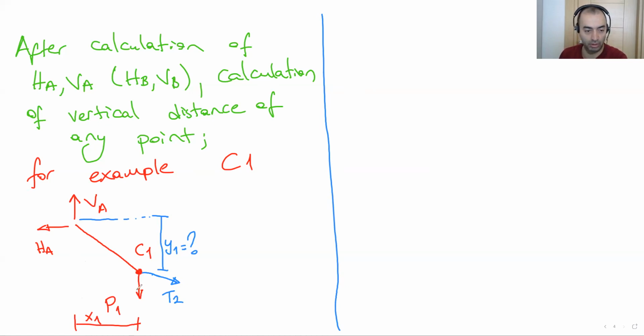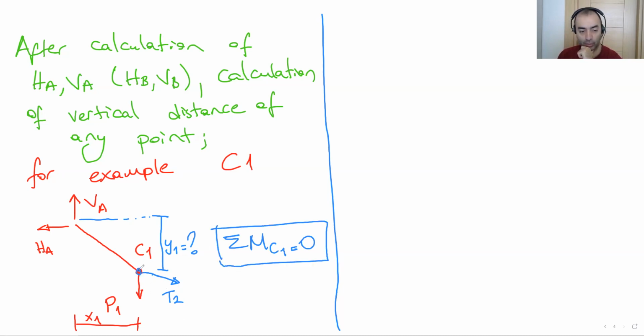So to calculate this, always remember there's no moment on the cables. Keep this in your mind. Okay. So we can write total MC1 equals 0.